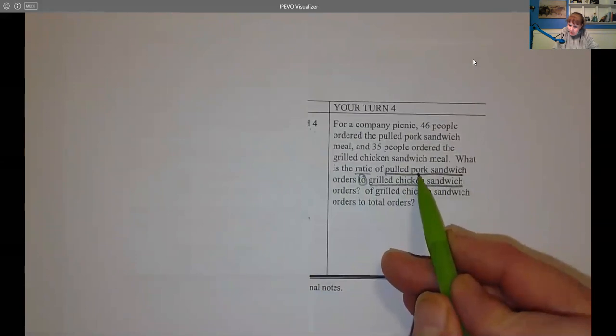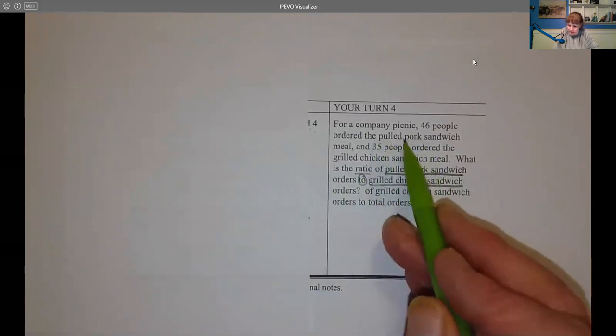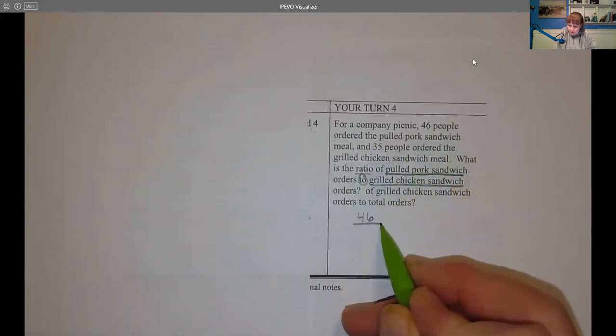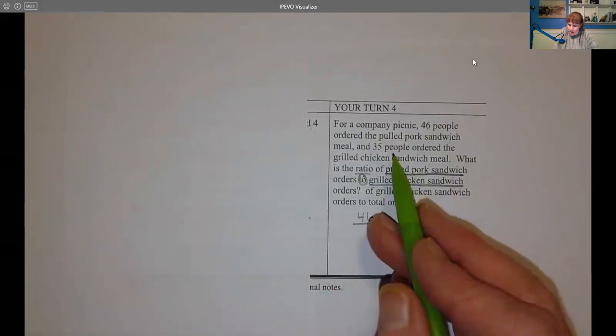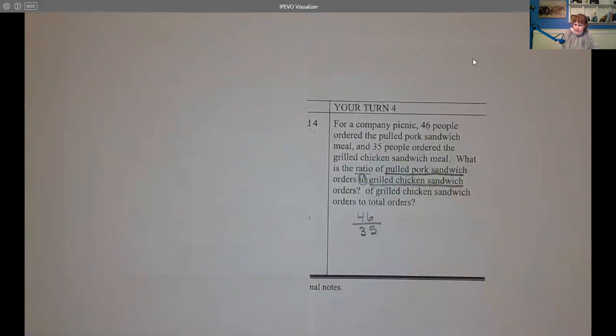So we'll find the pulled pork, and in this case, we don't have to subtract or add or anything. 46 over the grilled chicken sandwich, 35. All right, and then you're done.